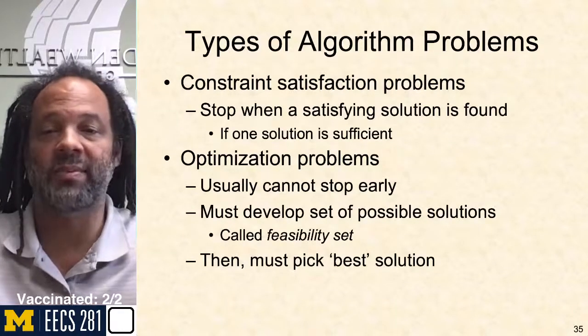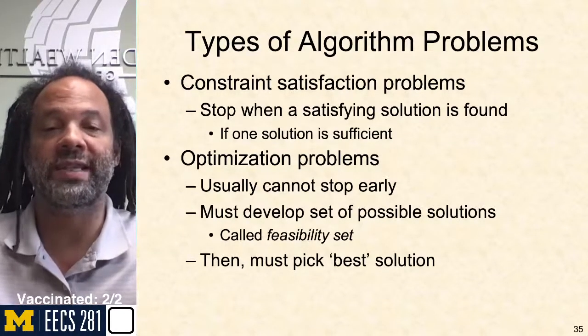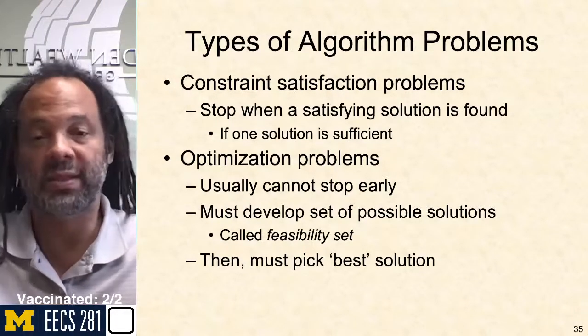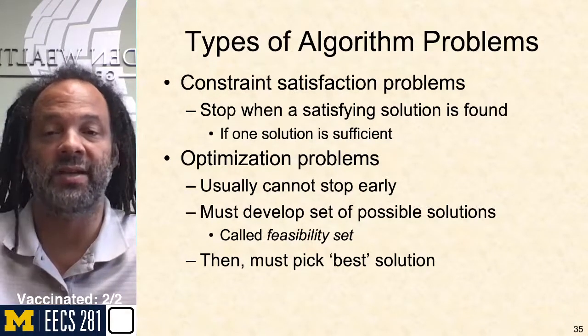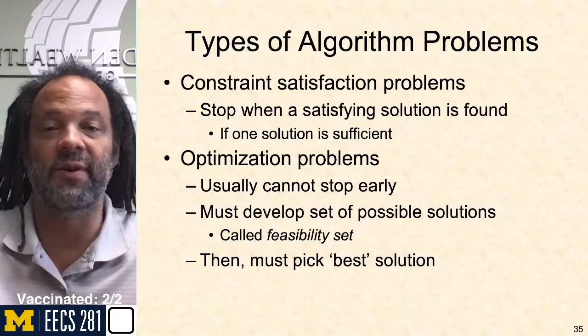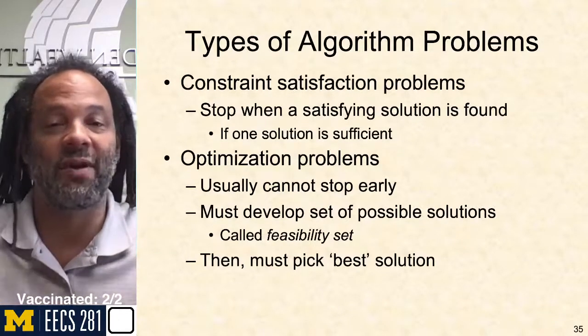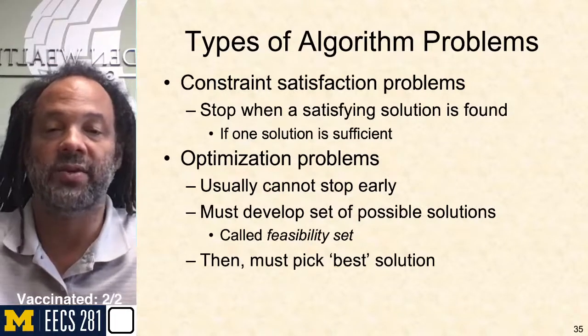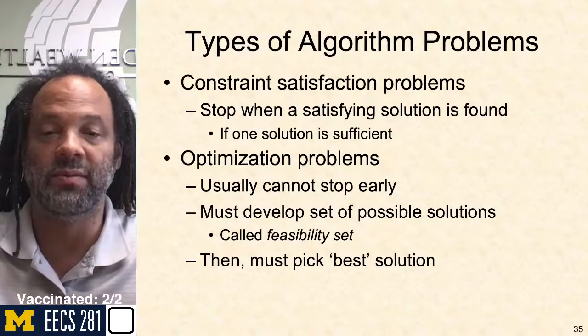Constraint satisfaction problems, when we're solving them, we can usually stop as soon as we've found a solution. Oftentimes, that's enough. Most times in constraint satisfaction, that's enough. Certainly enough in Sudoku. Once I've filled the board out, I'm done. I don't need to figure out if there's another way to do this. In that particular case, there isn't, but in other situations, there might be, right?